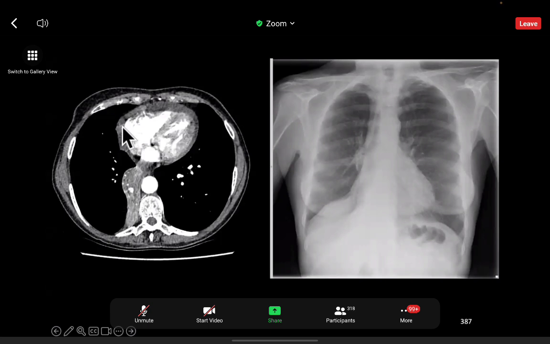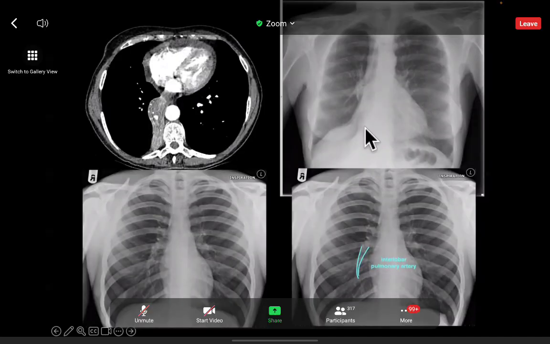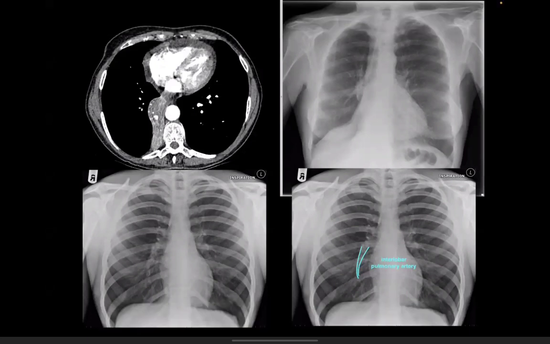Note also the patient's got a small pericardial effusion. And so whatever's going on centrally may also be involving the pericardium. So the lack of the interlobar artery is a really, really strong clue that you've got a right lower lobe collapse. And of course, you've got the other radiological signs.